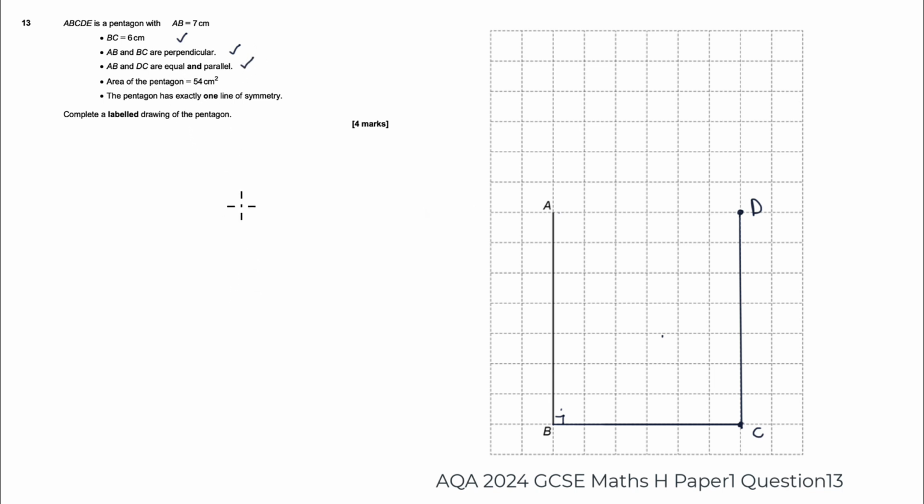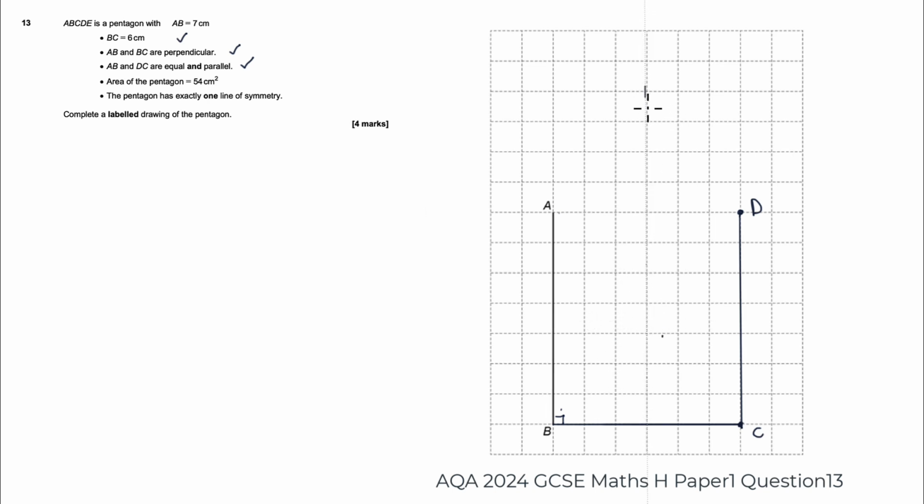Now we're told that the area of the pentagon is 54 square centimetres and that it has exactly one line of symmetry. Now I can see a left hand and a right hand of this. I can see where the line of symmetry is going to go. It would have to be right down the middle of this diagram.